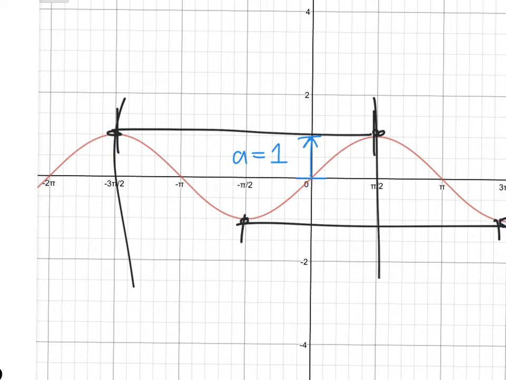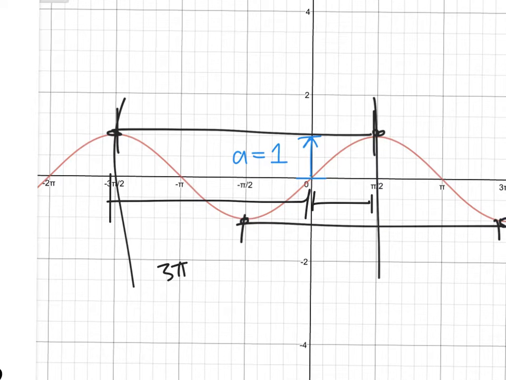So let's take a look. It looks like it started from negative 3 pi over 2, ended on pi over 2. So the question is, how long is that? Okay, if you're not really good at calculating with negatives, you can think of it like this. From here to here is 3 pi over 2. Forget about the negative because we're talking about length. So this part is 3 pi over 2 plus this pi over 2.